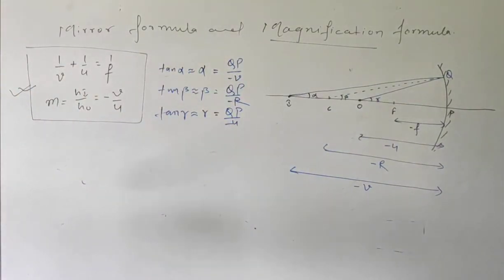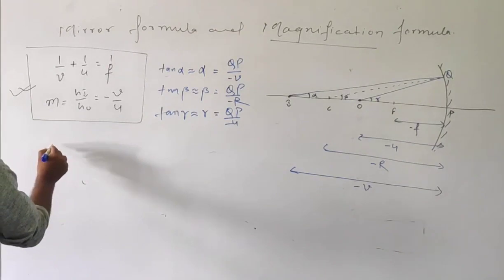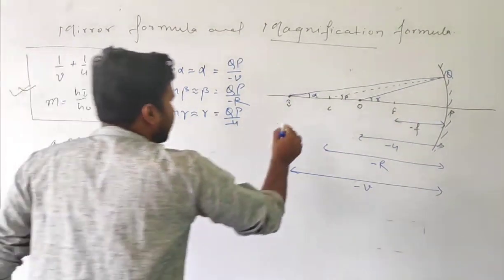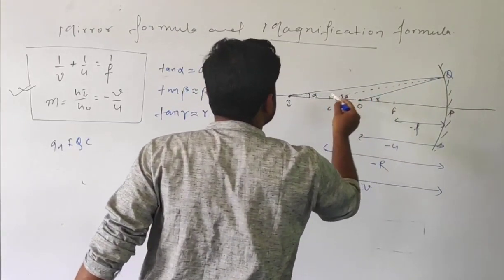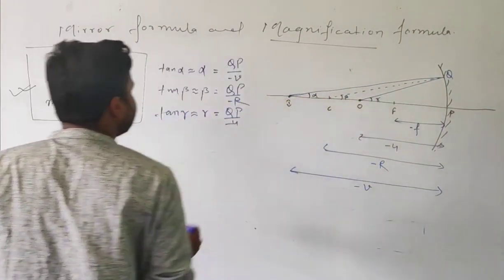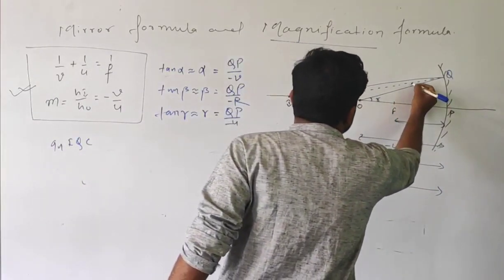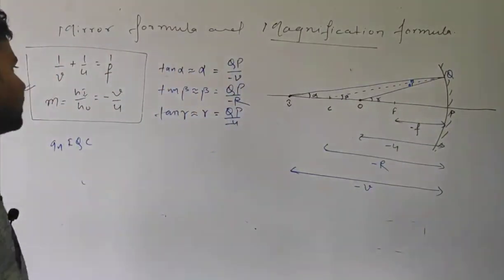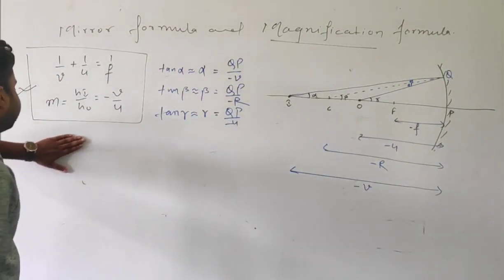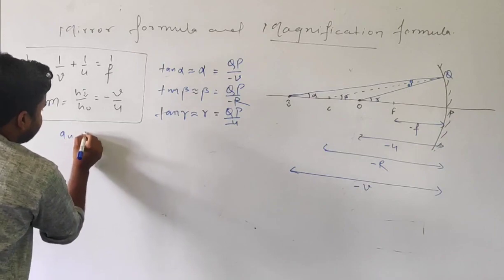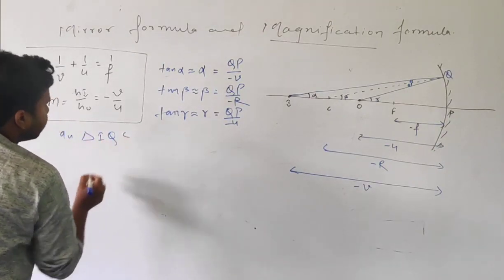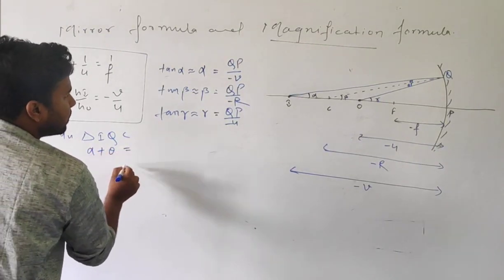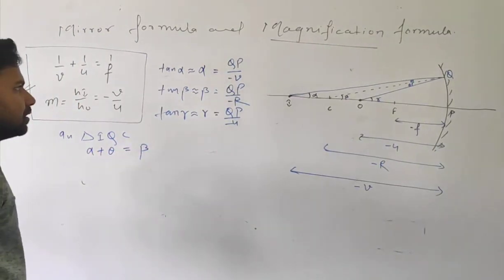Now students, in triangle IQC, I am talking about this triangle. If this angle is theta, then this angle will also be theta. Law of reflection is valid everywhere. So in triangle IQC, we can write alpha plus theta equals beta.